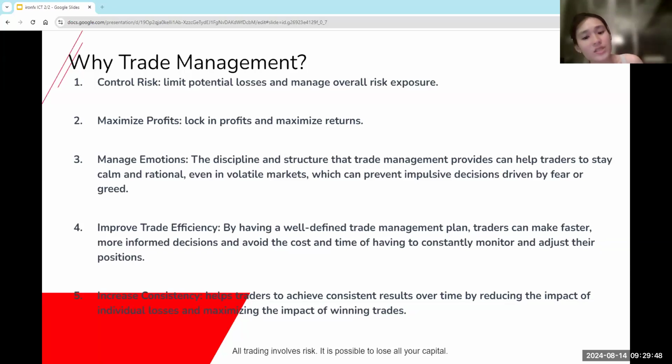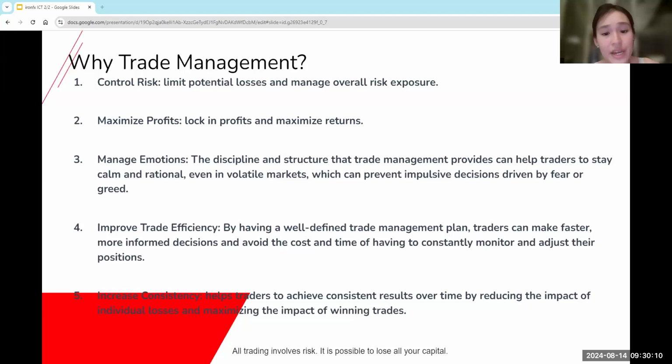Number three, manage emotions. Even in volatile markets, these can prevent impulsive decisions driven by fear or greed. Having a specific structure and trade management techniques and rules that you stick to can help you to stay calm and rational. Improve trade efficiency.